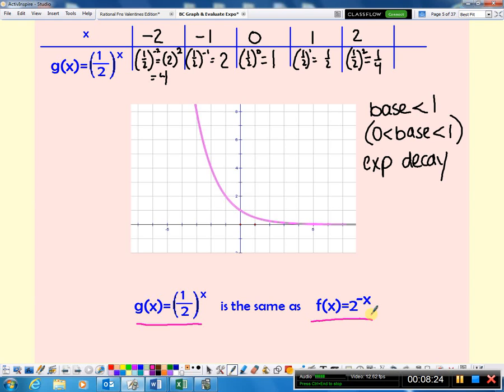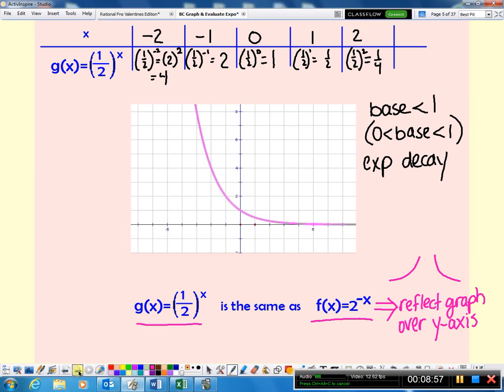And I know that when you have 2 to the negative x, this is telling you that you're going to reflect the original exponential growth graph from left to right over the y-axis. So that means exponential growth reflects and looks like exponential decay. So that's another way you can think of this graph.